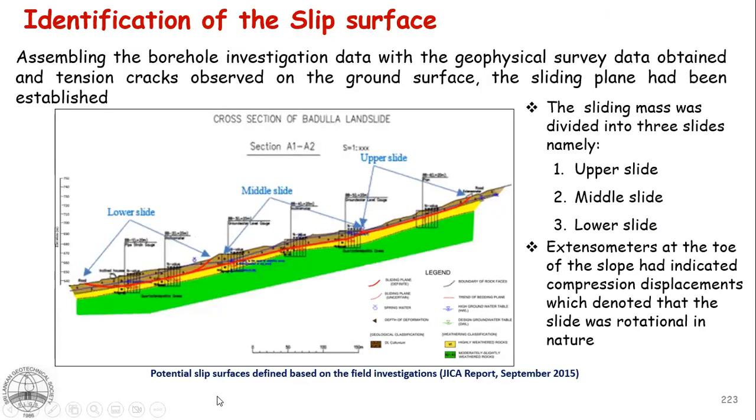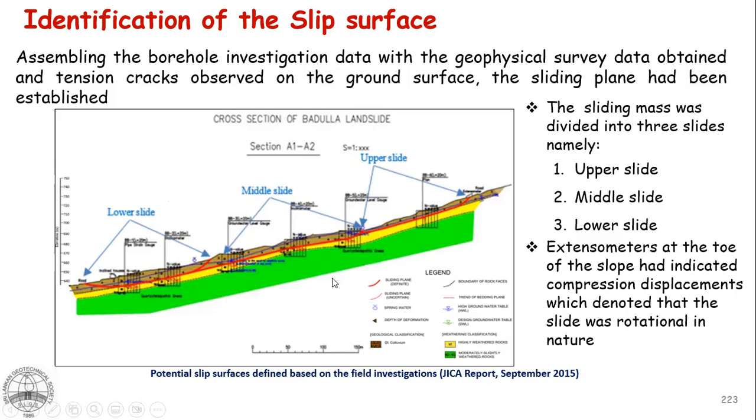characteristics. With the surface features and the results of the subsurface investigation, it was found that there are three distinct failure surfaces. Failure is happening along the colluvial-residual soil boundary, and it is made up of three different failure surfaces named lower slide, middle slide, and upper slide, right?